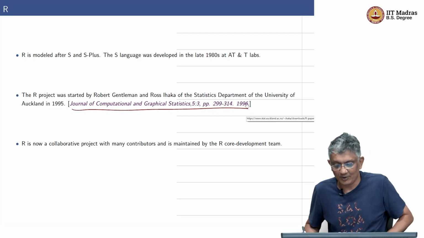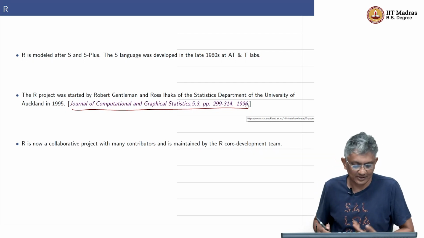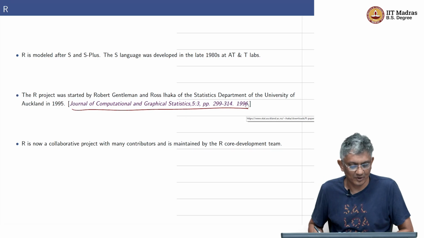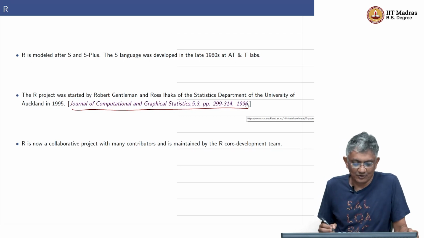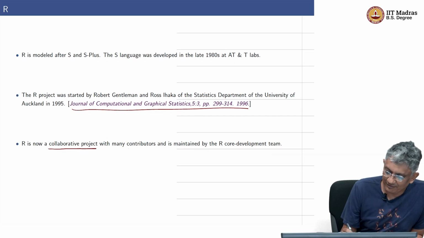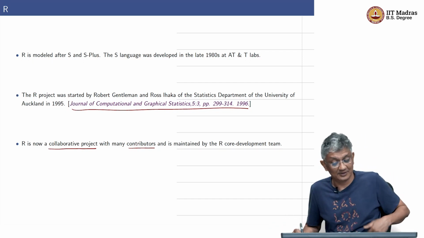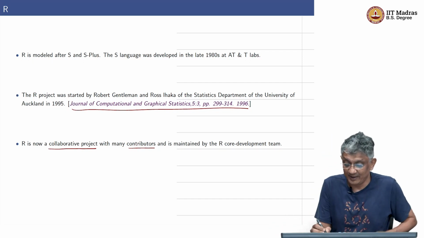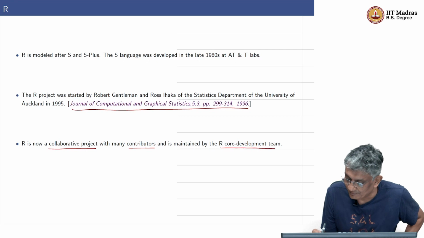I will not require it in this class, but I would encourage you to read it if you have an interest in software. Now, of course, R has grown tremendously, and it's a collaborative project with many contributors. Any of us can contribute packages to R, and it's maintained by an R core development team.